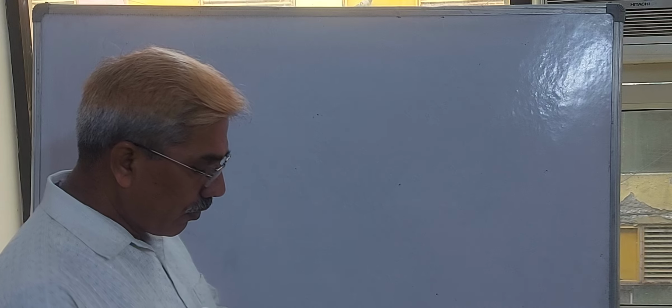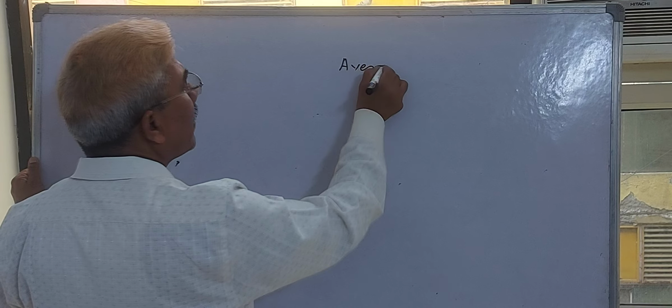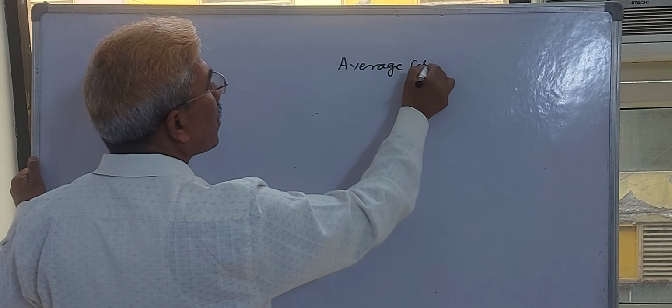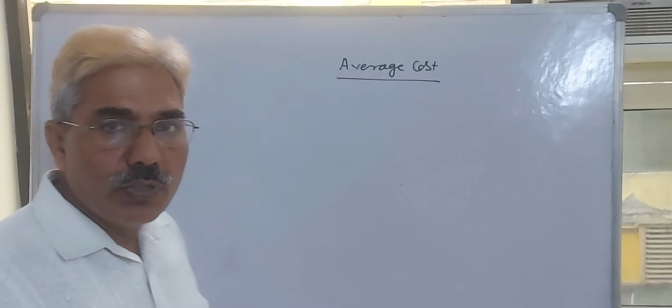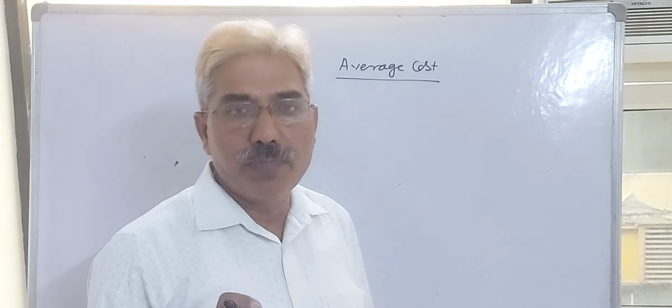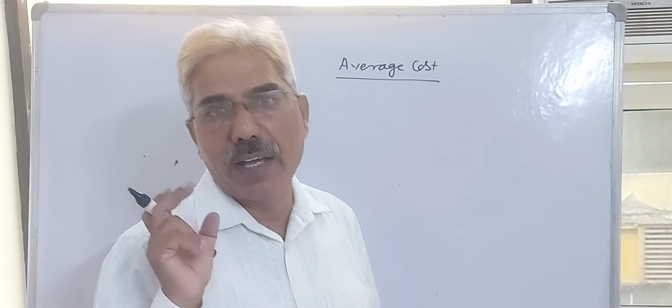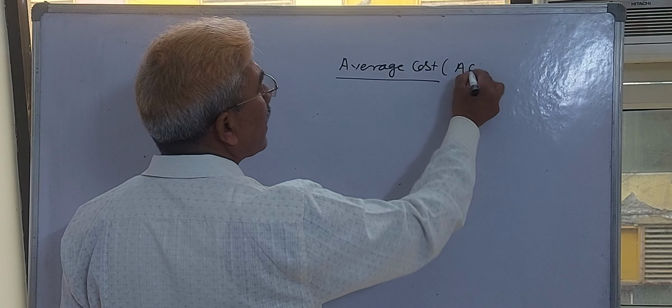First of all, what is average cost? Simply, it is cost per unit of output. Generally, you will use the short abbreviation AC.